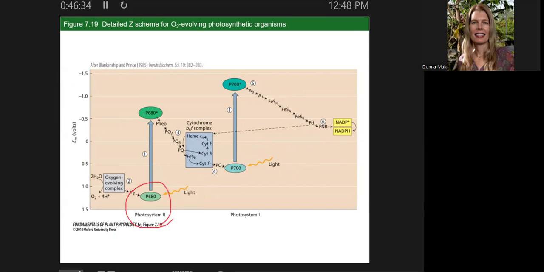We described how light energy excites that chlorophyll electron, and then the electron gets given off. Here's pheophytin. So pheophytin is the first acceptor, and it's associated with photosystem 2, kind of bound loosely to photosystem 2. And then we also talked about how water gets stripped of electrons in photosystem 2 by that very special area called the oxygen evolving complex.